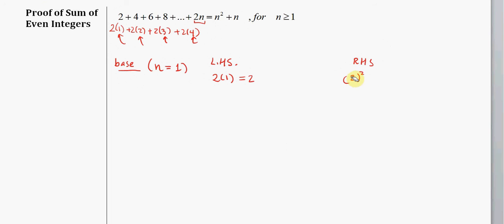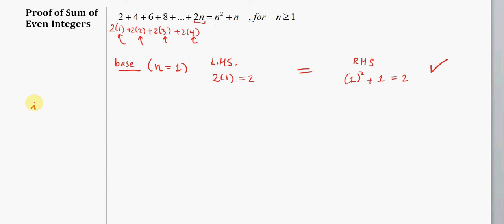No, I'm sorry, not 2 squared. I messed it up again. It's n that we're using here. So in this case, n is 1. 1 squared plus 1, which in fact is equal to 2. Okay? So the left-hand side does equal the right-hand side. We have proven the base scenario, the most simple case of this.